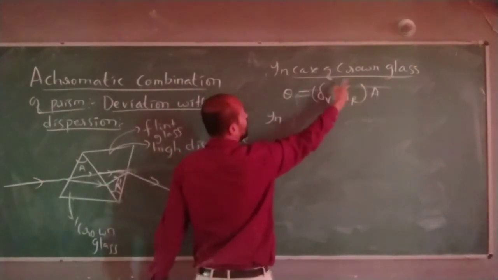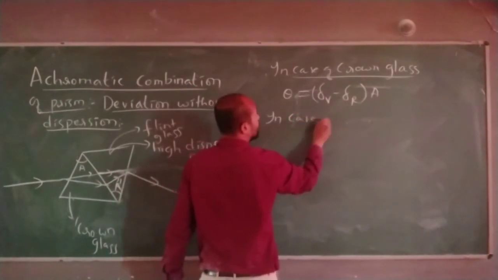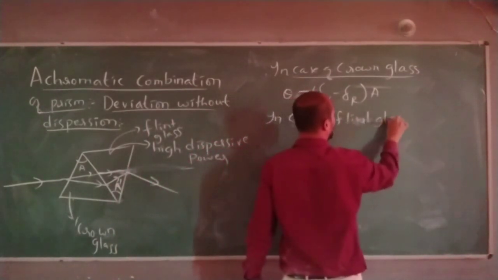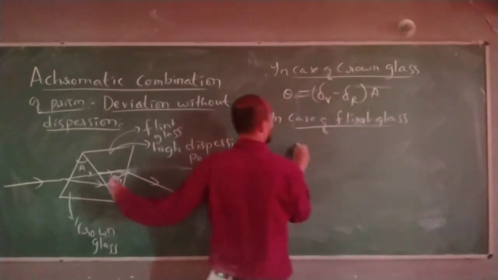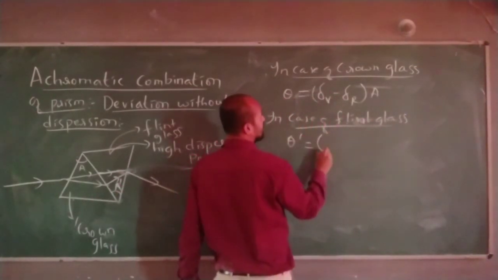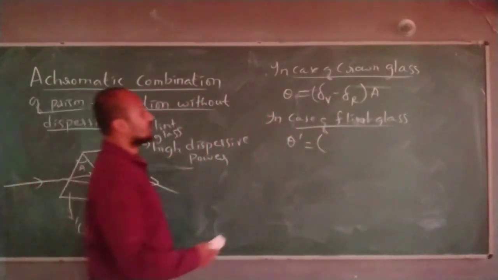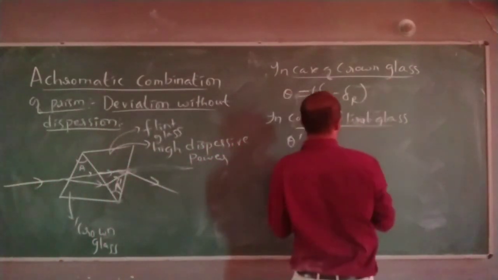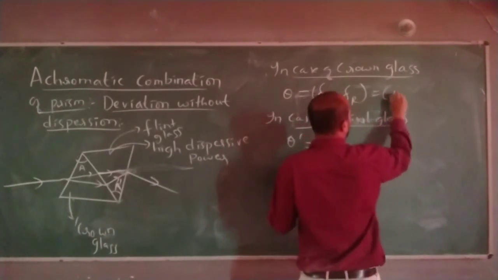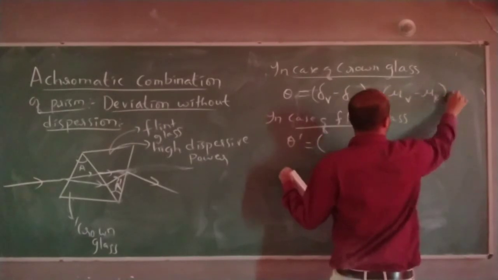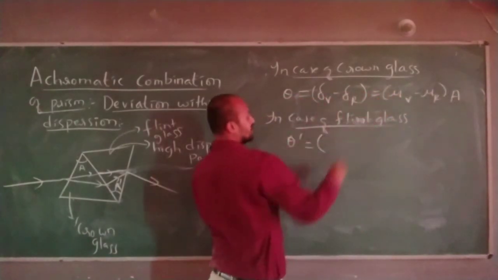In case of flint glass, angular dispersion theta dash, let us take, sorry, this is not dou v minus dou r. Dou v minus dou r will be equal to mu v minus mu r into a.